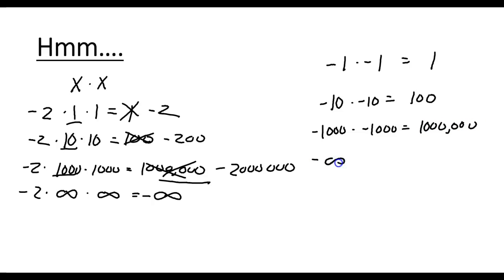So as that number gets more and more negative, the outcome's going to be what? Positive infinity. So it just follows the regular patterns for signs that numbers do. Infinity is not a number, but it does follow the same pattern there. Let me ask you guys this one. How about, what is negative infinity to the second power?